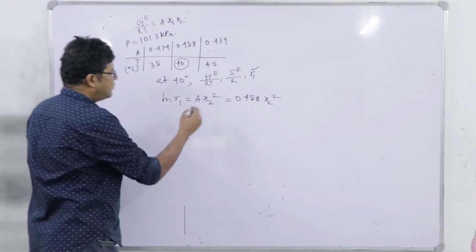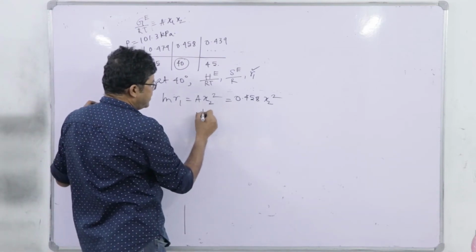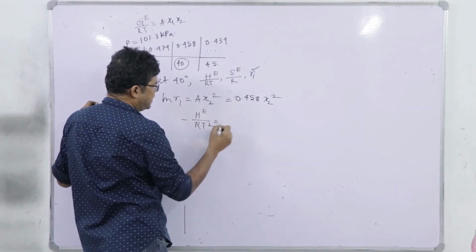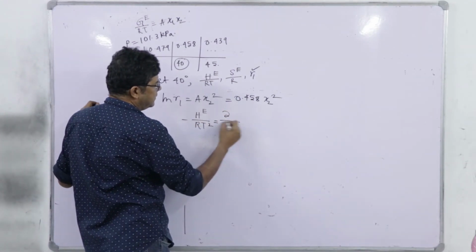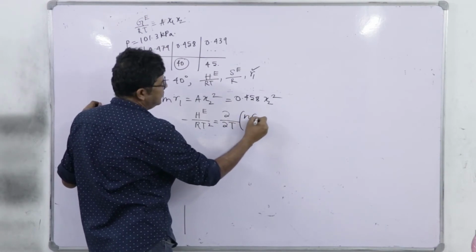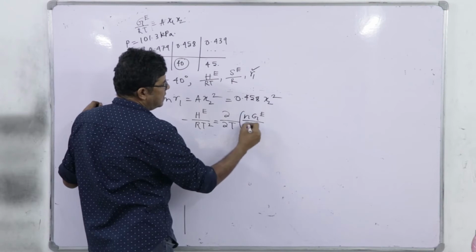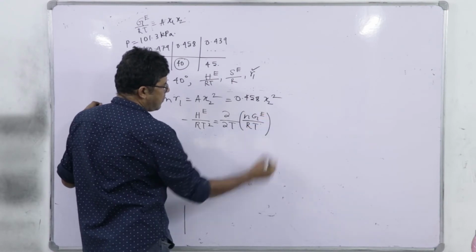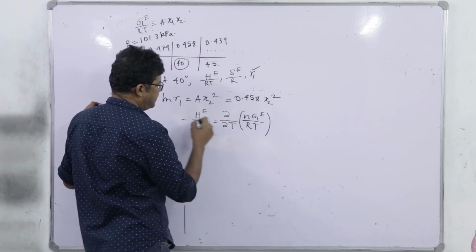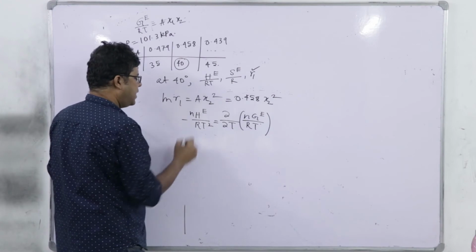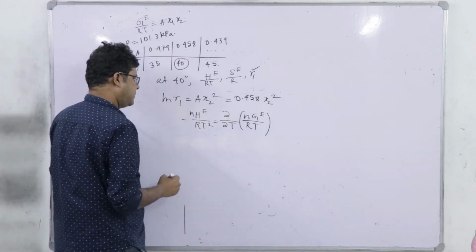Here we have to use the relation that minus HE by RT square is del T of nGE by RT, that is, nHE by RT square.